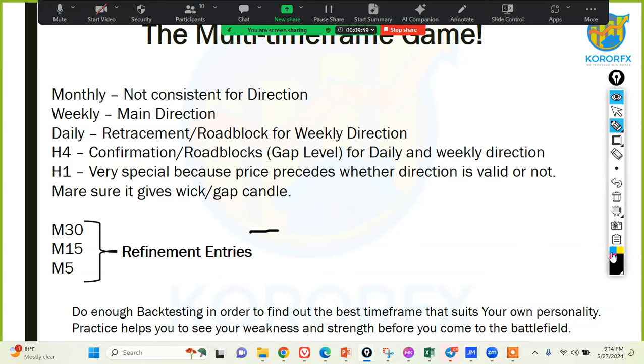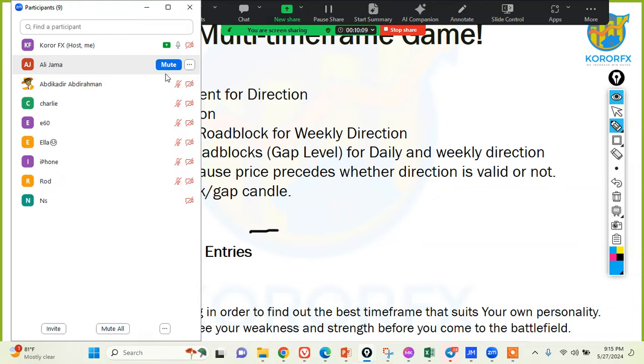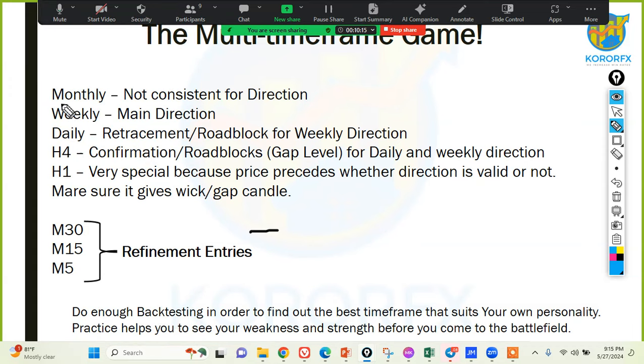Okay, so bro, for your question, which time frame can I focus on all the time? Here, look. So here you can see monthly, right? So there's a monthly storyline. We will not focus on the monthly storyline as Malaysian SNR. Why?